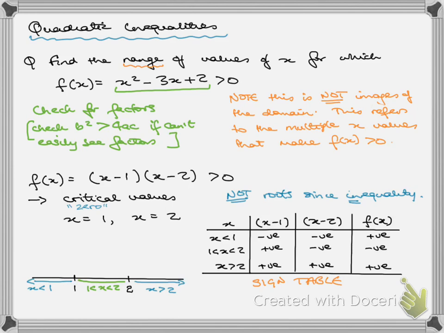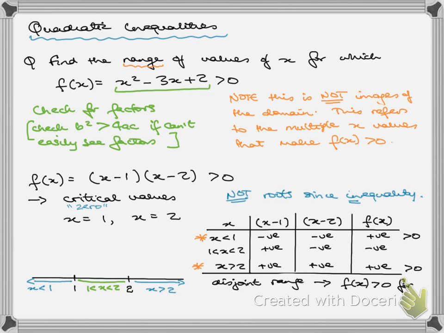Now, what are we interested in? We're interested in where f of x is positive, where it is greater than 0. The x values for which f of x is greater than 0, you notice it is where x is less than 1 and x is greater than 2. That means we have a disjoint range.